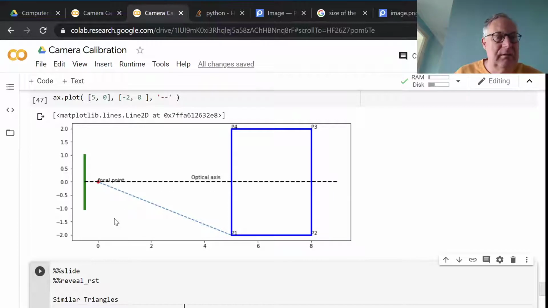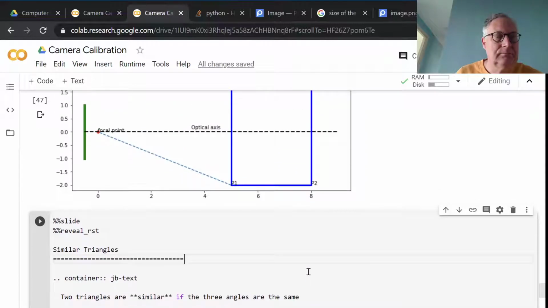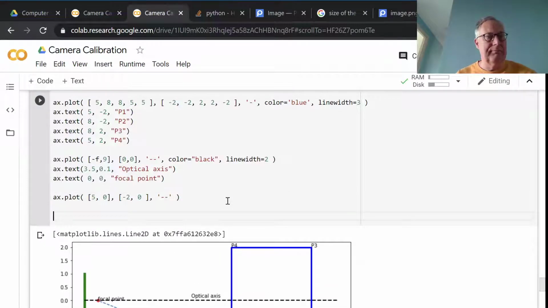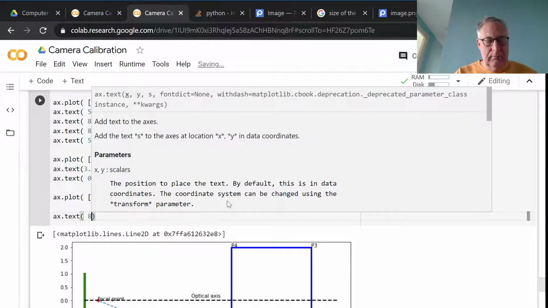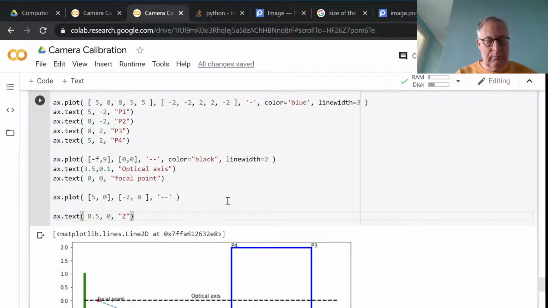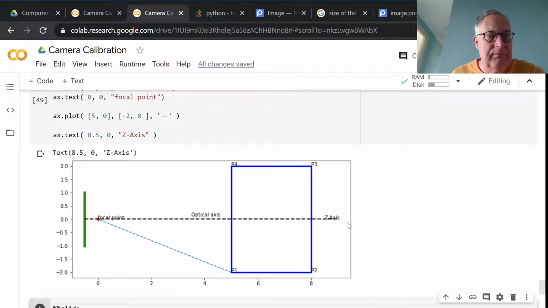So I will make this axis here my z-axis, along the optical axis.